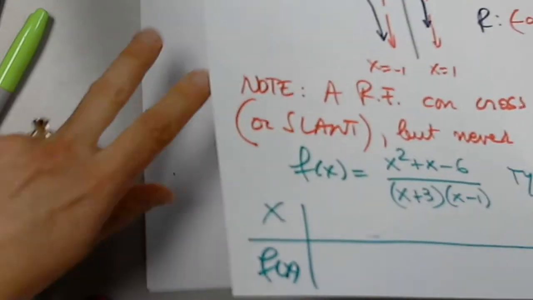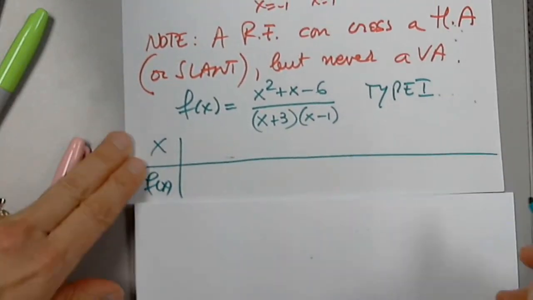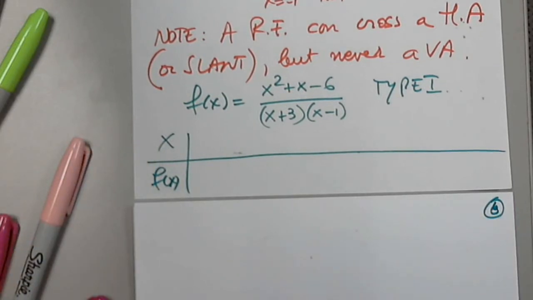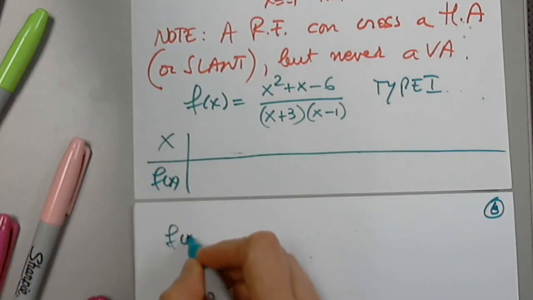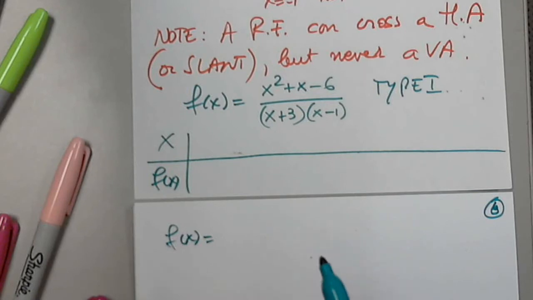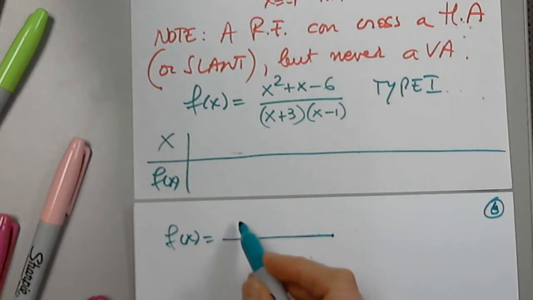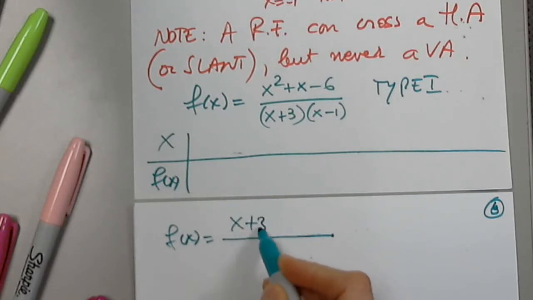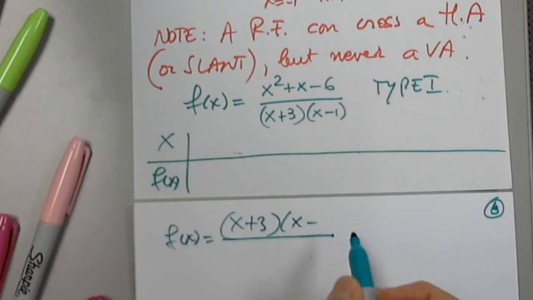But what is the first thing I have to do before I even get the chart going? Factor. The key word is factor. Good. So can anyone factor the top for us? Awesome. X minus 2.